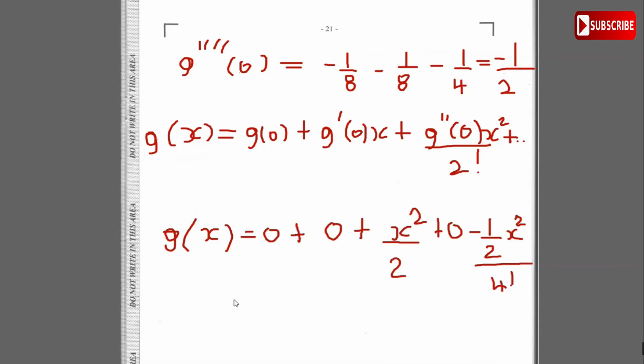And so in reality, g of x works out to be a half x squared minus a half divided by 4 factorial, which is minus 1 over 48 x to the 4. That is g of x.